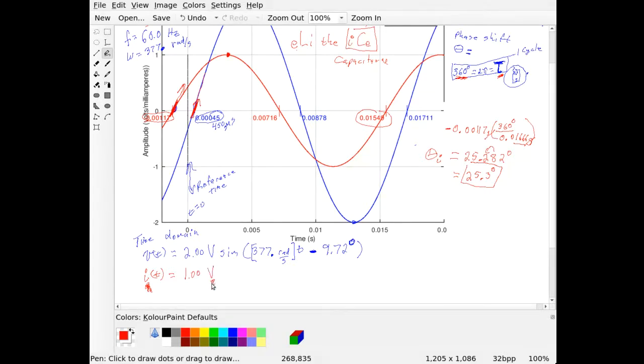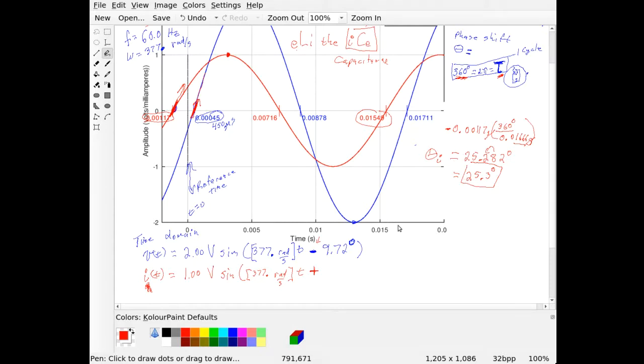Now remember, this is the unit volt, so that's why this is capitalized, times sine of 377 rads per second times t. And then this is a plus sign.